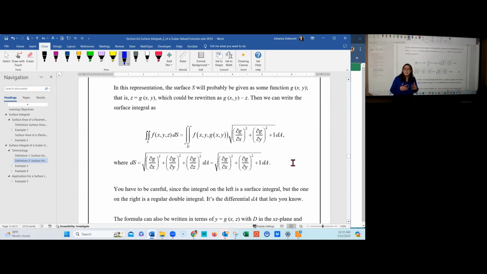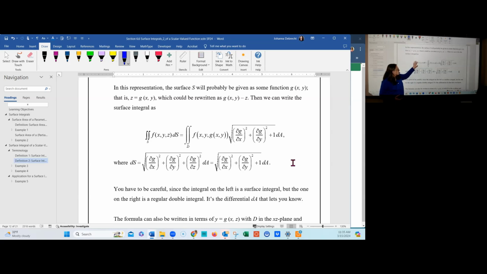Now we can represent the surface as some function of X and Y. So we have an equation z equals an expression in X and Y, which we'll call g of x, y. Since z equals g, we could subtract z to the other side so that we get g of x, y minus z equals 0, as we did much earlier this semester. Then we can write the surface integral as this double integral instead.